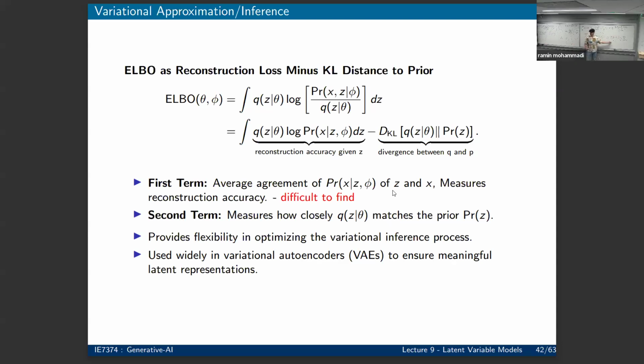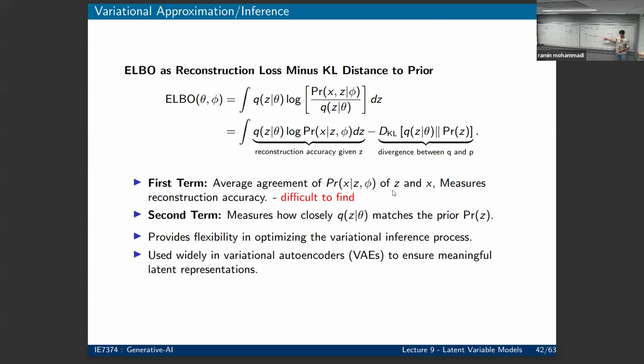The KL term has a minus, so your goal is to reduce it as much as possible. KL divergence makes sense, you want to minimize it. This first term, you want to maximize. So this becomes reconstruction accuracy.